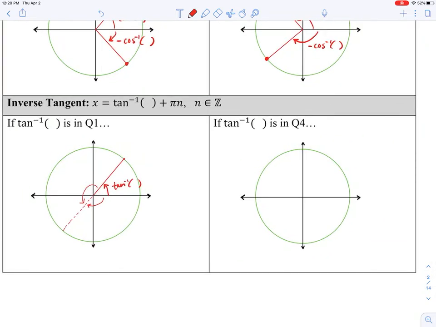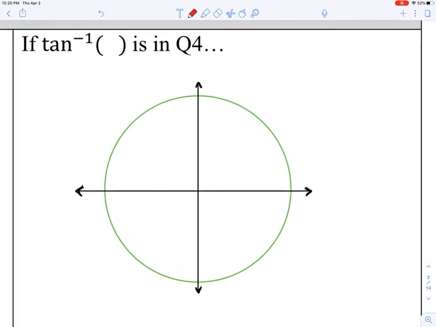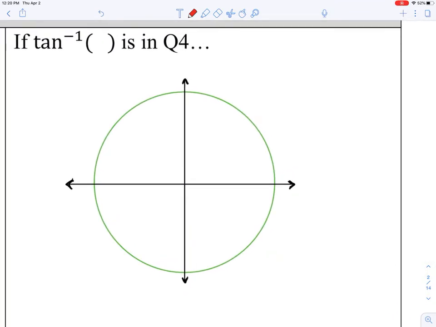Now let's say we were taking the inverse tan of a negative ratio. That would mean that inverse tan would terminate in quadrant 4, and it would be a negative angle. Remember, the range of inverse tangent is from negative pi over 2 to pi over 2, where the endpoints are not included on that interval. So that would be the angle inverse tan.